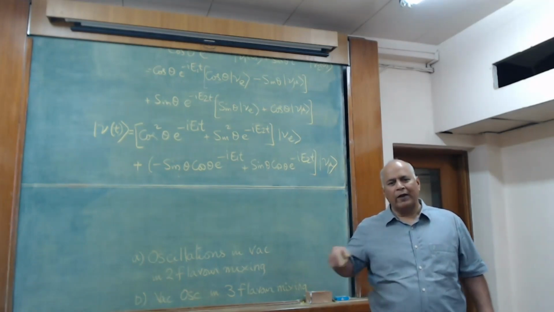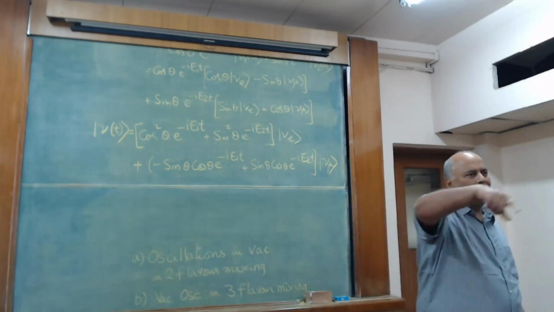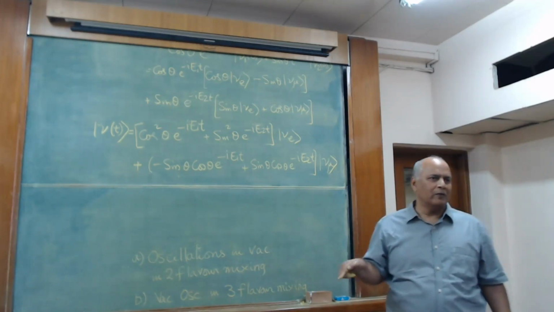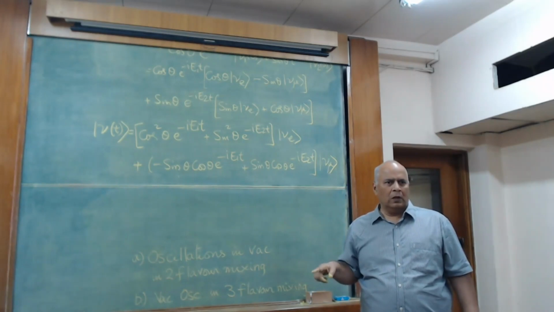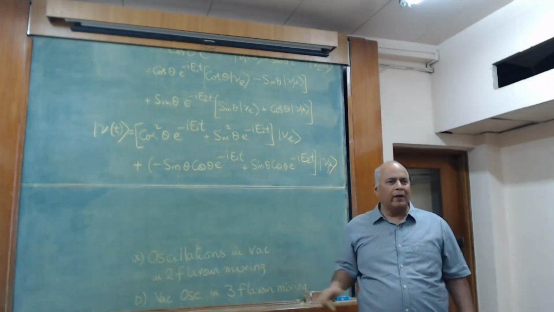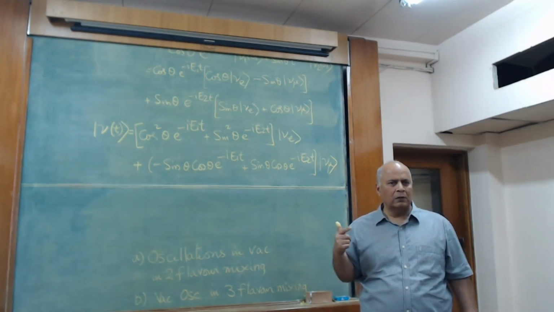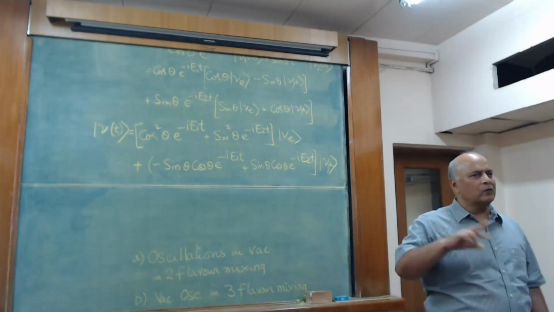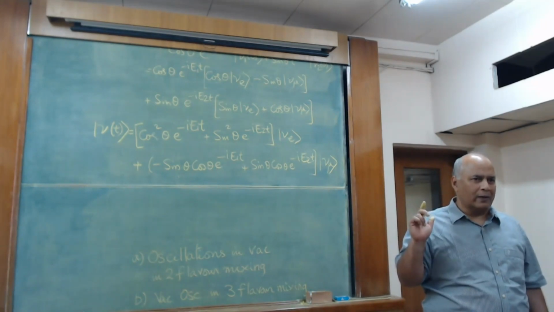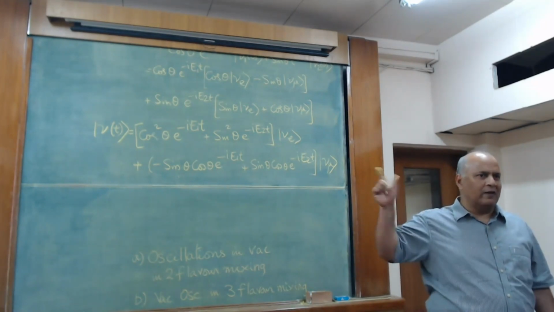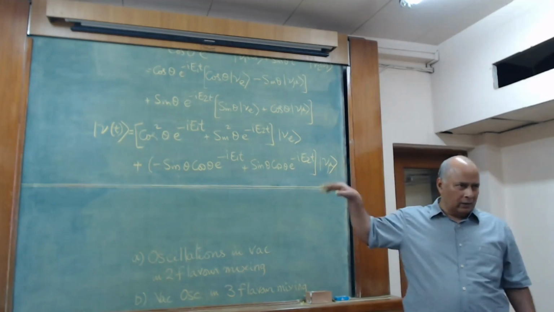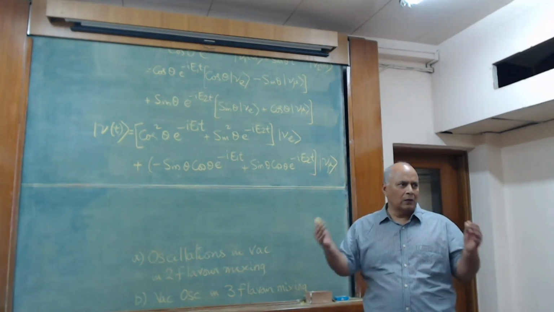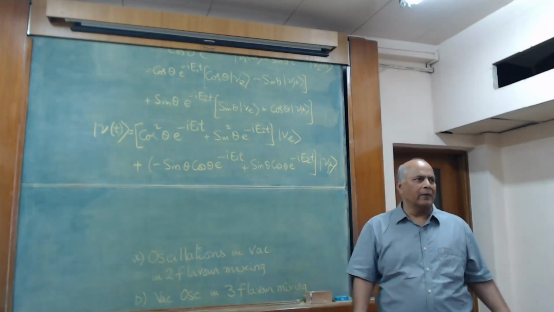So if I know the energy and momenta of all the other particles, I know the energy of the neutrino, I know the momentum of the neutrino. But then if M1 and M2 are different, how can I get E square minus P square equal to M1 square and E square minus P square equal to M2 square? This was the difficulty we had, and I discussed how to overcome this difficulty using the concept of quantum mechanical uncertainty.